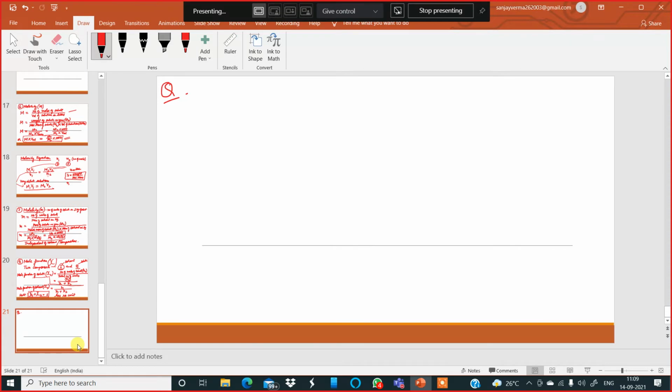I'll select one question based on any one of these concentration terms. For example, if I take normality, that is also possible. Okay, so let's take a problem based on molarity. The question says: calculate the mass of sodium acetate.